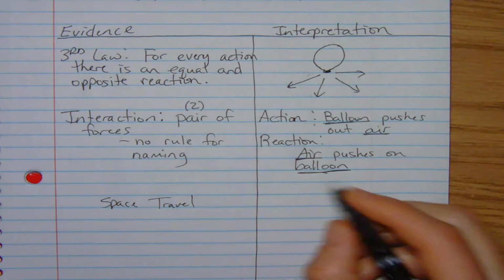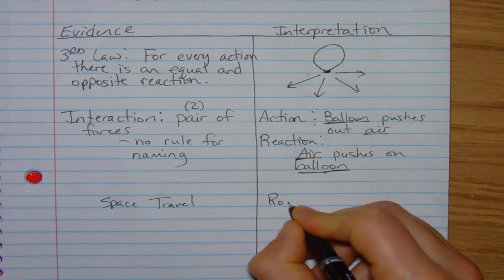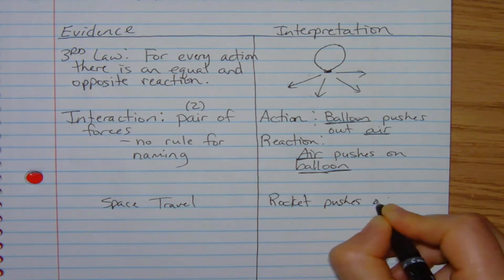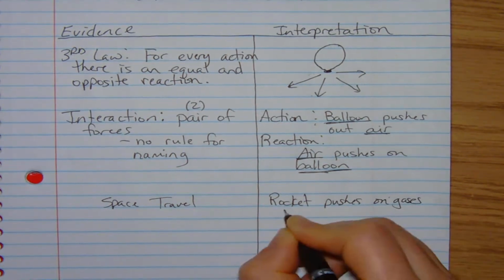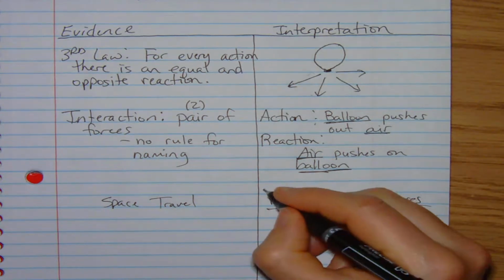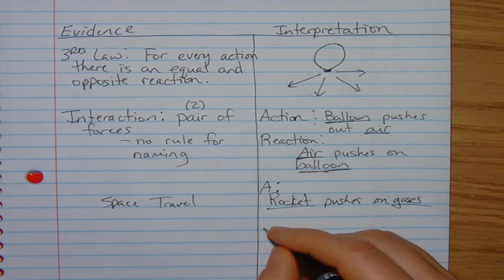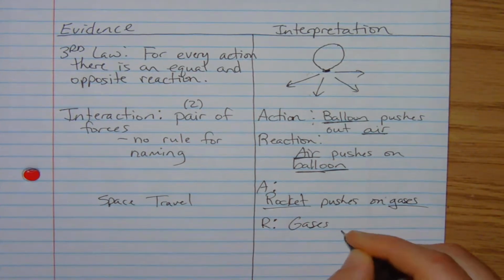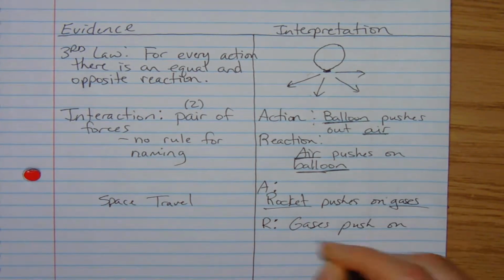But we're just going to call it a rocket for fun. A rocket pushes on fuel. All right, we've got some combustion going on. The rocket pushes on the gases. That does nothing in terms of moving the rocket through space. It's the reaction. So if this is our action, we could say the reaction is the gases push on the rocket.